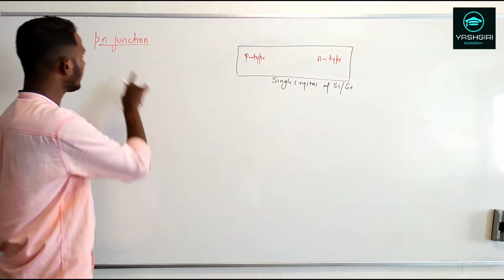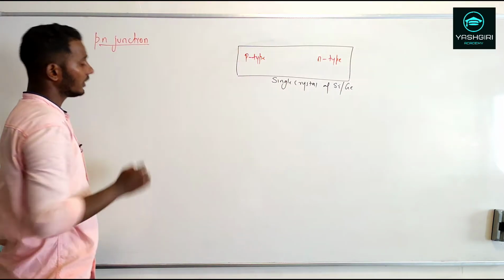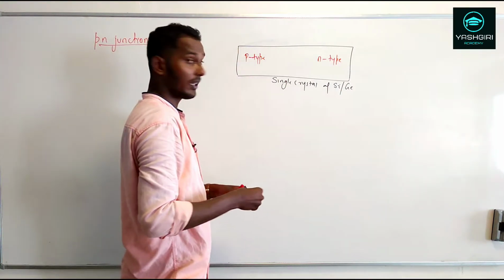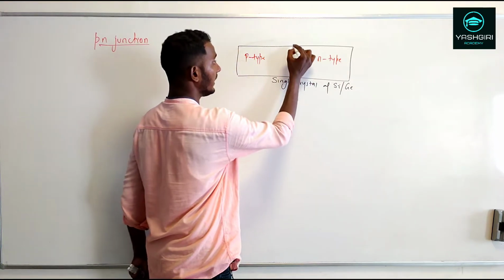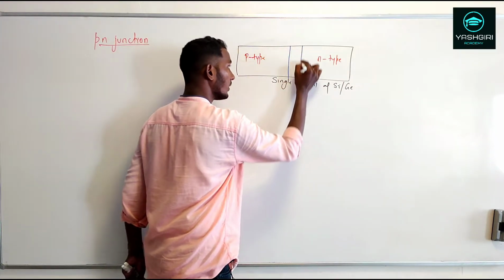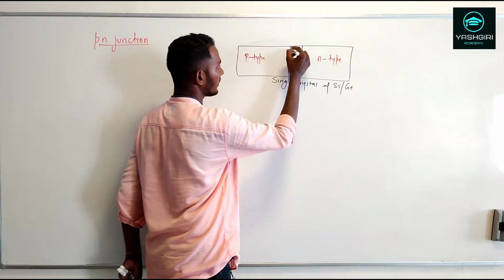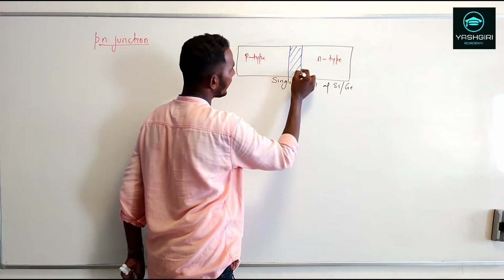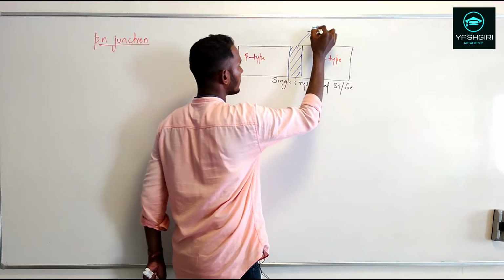Here we call it a p-n junction. The term junction implies the boundary or the interface between these two different types of semiconductors. So here we'll have a boundary which we call a junction.